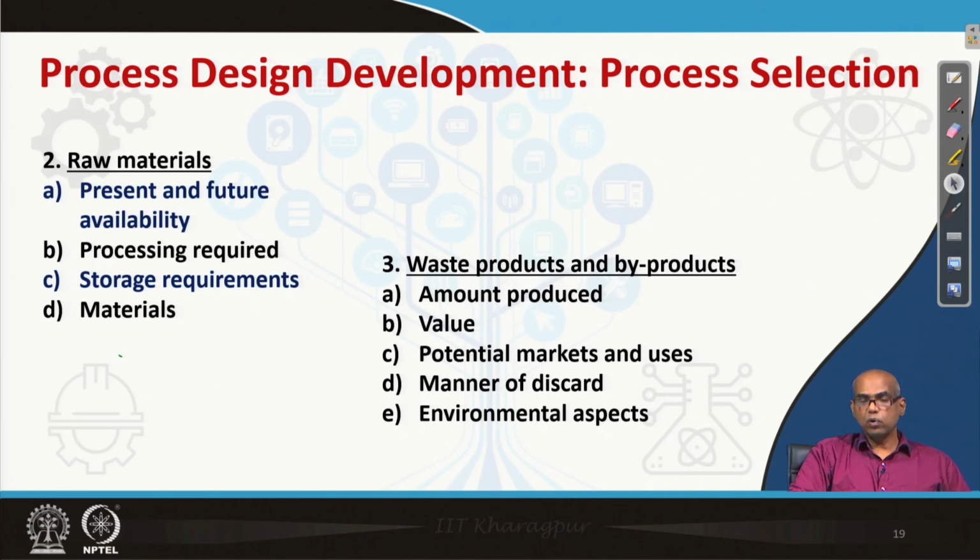Waste products and byproducts: the selection of process will depend on the amount of waste product and byproducts produced, the value of such byproducts if any, potential markets and uses, how will you discard waste, and environmental aspects.